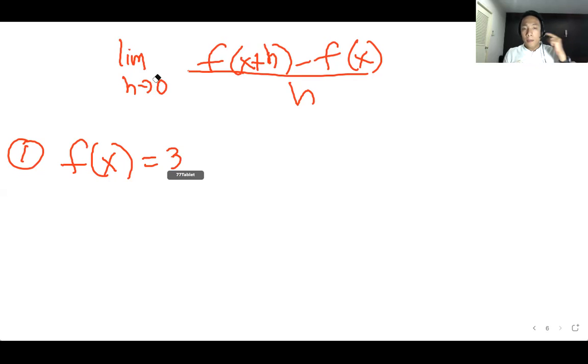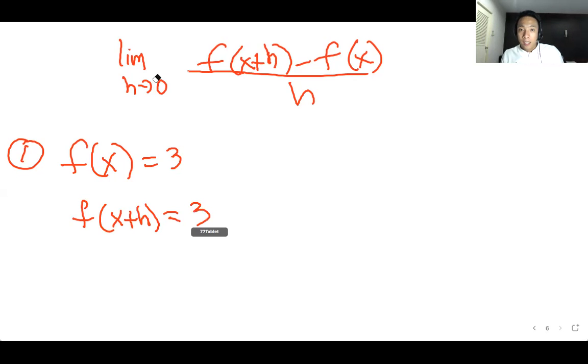So sabi ko kanina, since yung x plus h, it must change the x. Correct? It must change the x. So if I will change x as x plus h, it still equals 3. Okay? Yun yung isang mali kanina. Okay? Now, let us put that one into our formula.